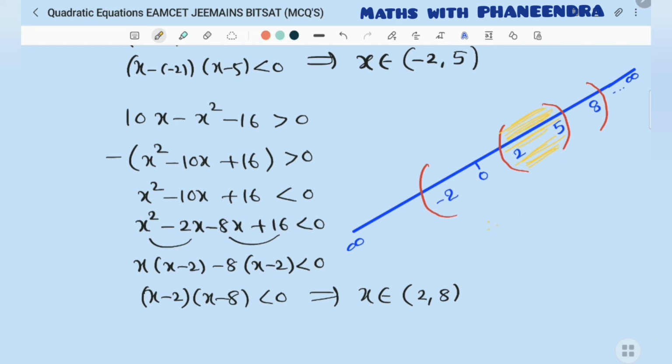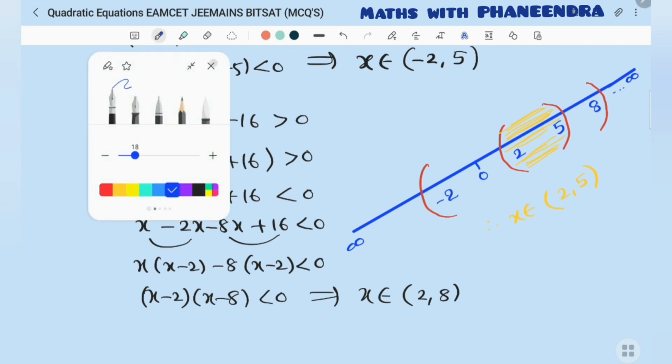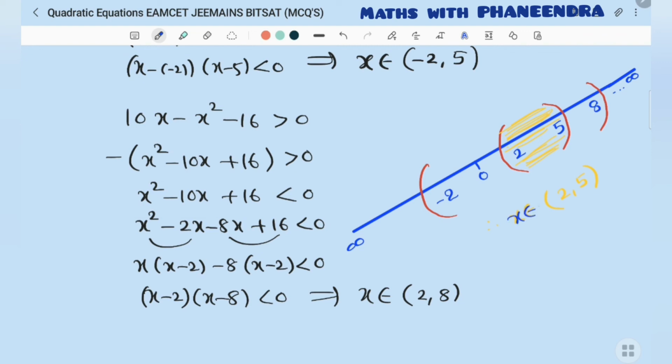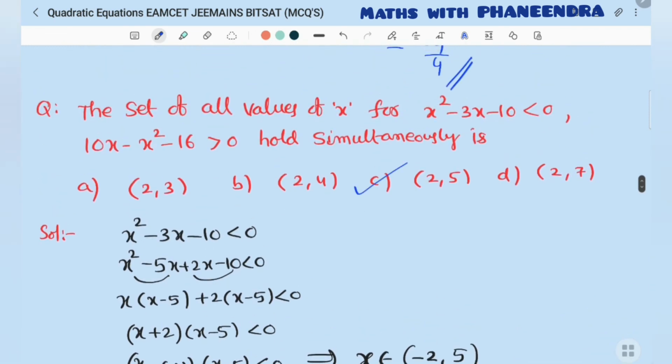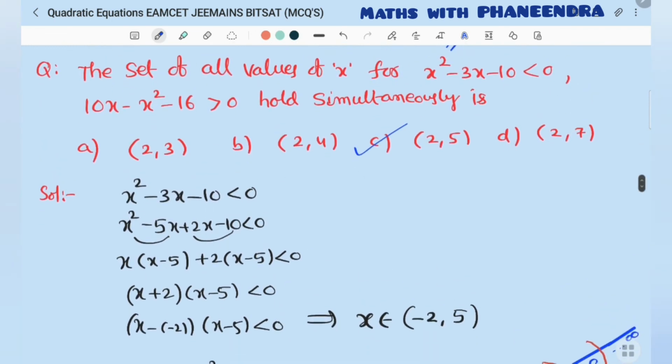Therefore, the answer is x belongs to open interval of 2 comma 5. What they are asking, holds simultaneously, is the common domain of these two. The common domain is x belongs to open interval of 2 comma 5. I hope everyone understands this, students.